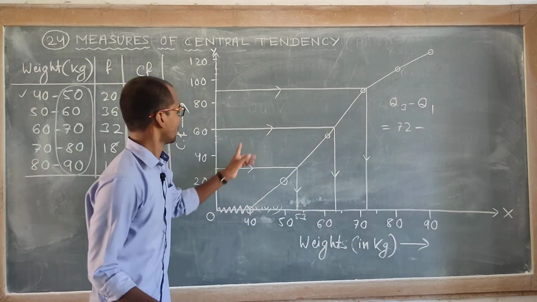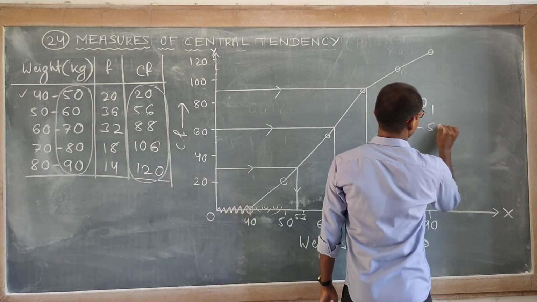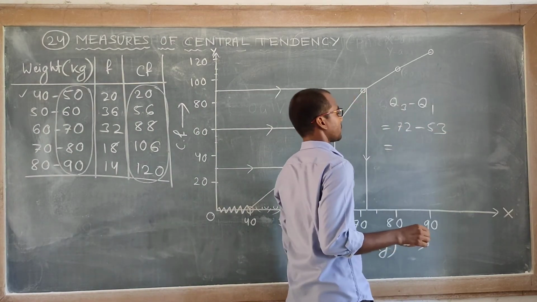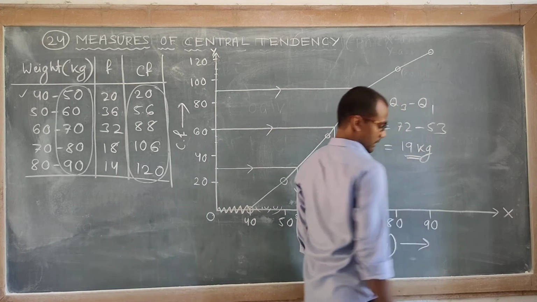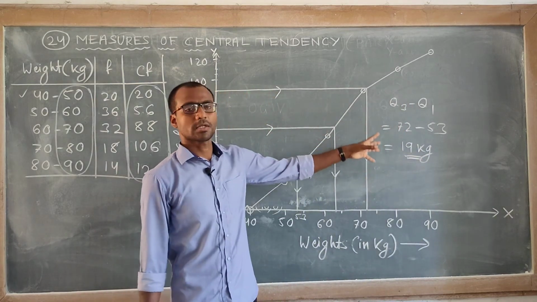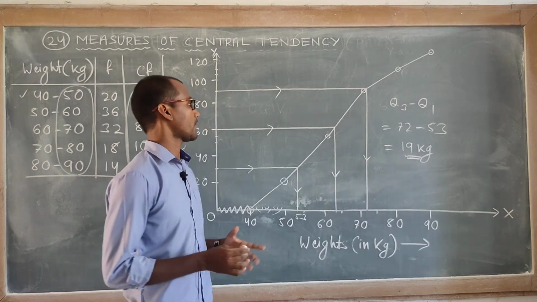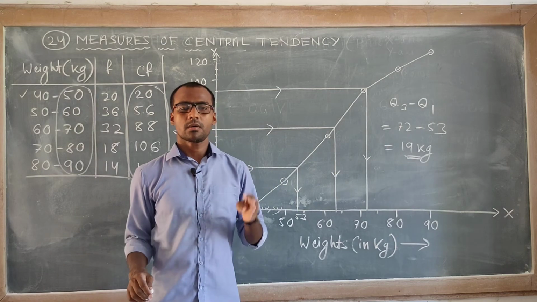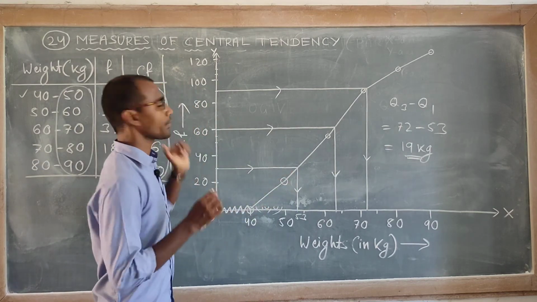Q1 is how much? 53, we have found. So 72 minus 53 is 19 kg. This is the interquartile range, 19 kg. So this is how to find the median, lower quartile, upper quartile and interquartile range in case of grouped data.